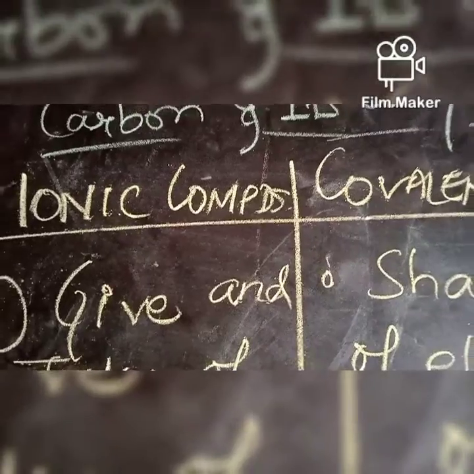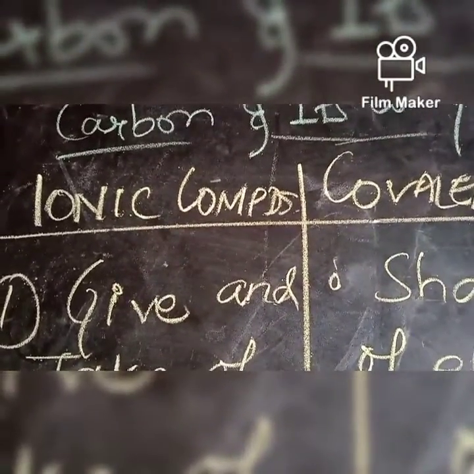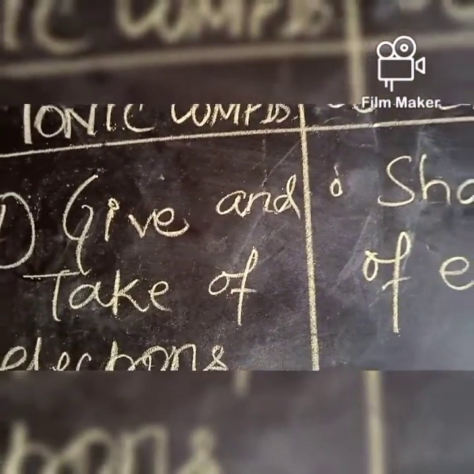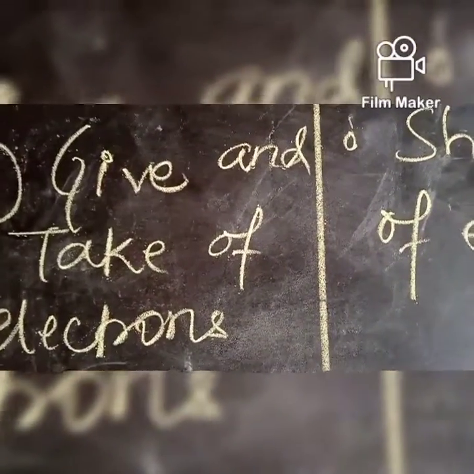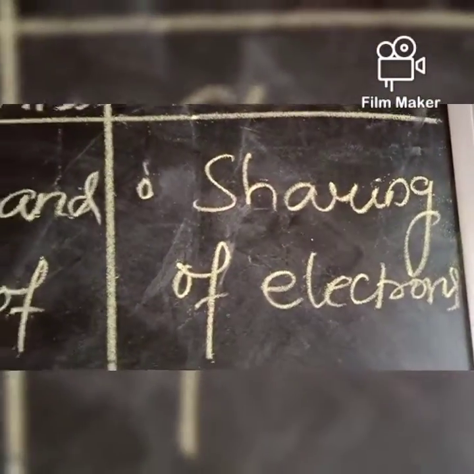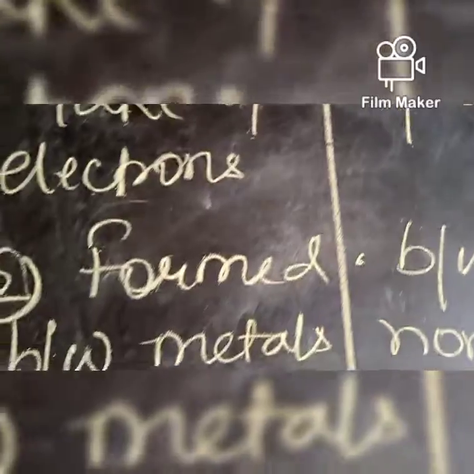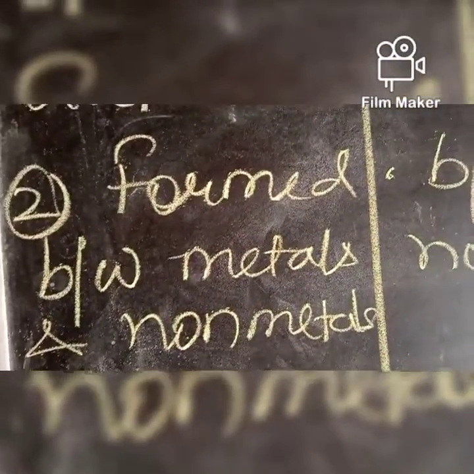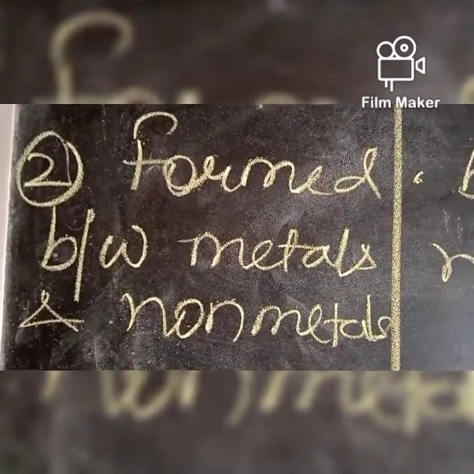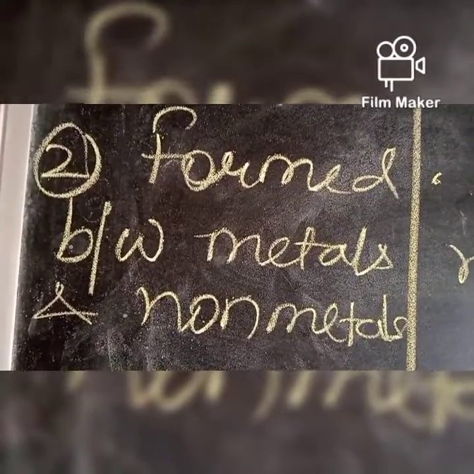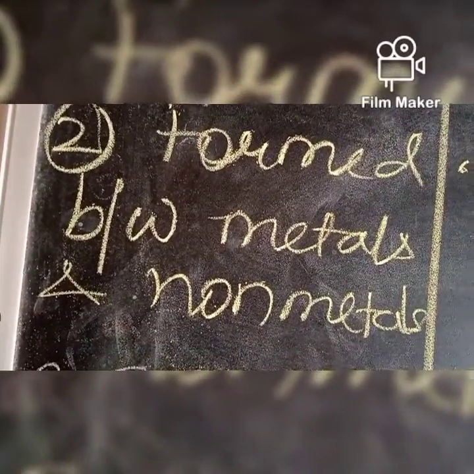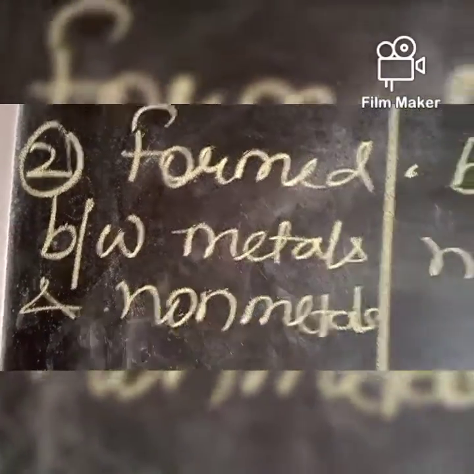Now coming to the differences between the ionic compounds and the covalent compounds. We have already studied that ionic compounds are formed due to the give and take of electrons, and the covalent compounds are formed due to the sharing of electrons. Because of this, the compounds that are formed between the electron givers, that is the metals, and the electron acceptors, that is the non-metals.